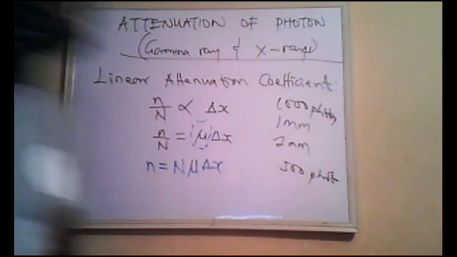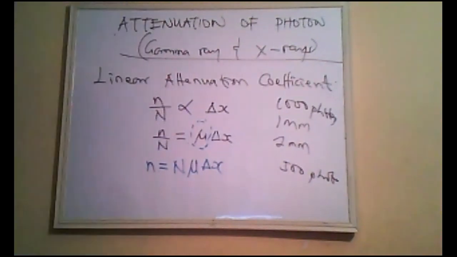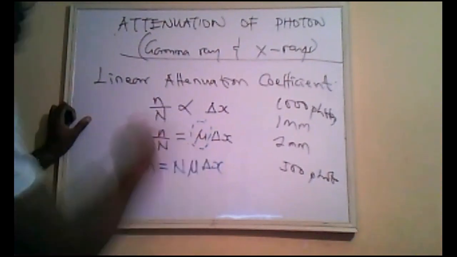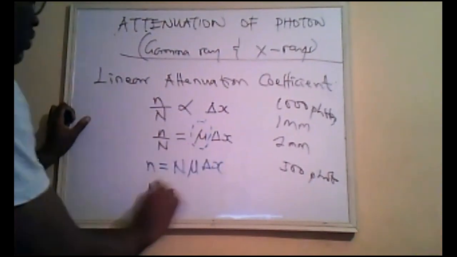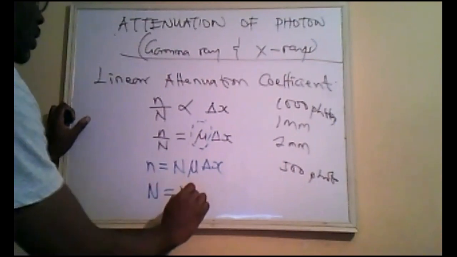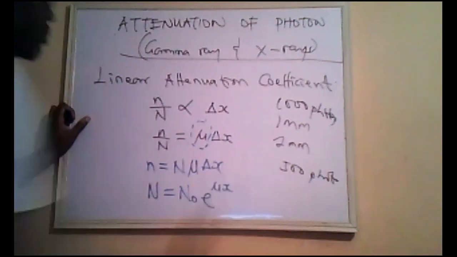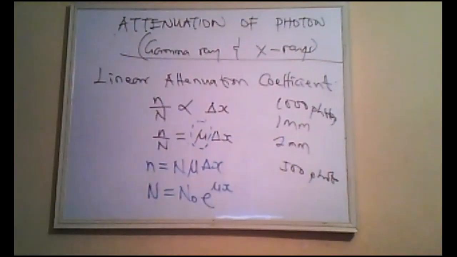But if we've done radioactivity and so on, the equation shouldn't surprise us so much. We call it n equal to n naught epsilon to the minus mu x.